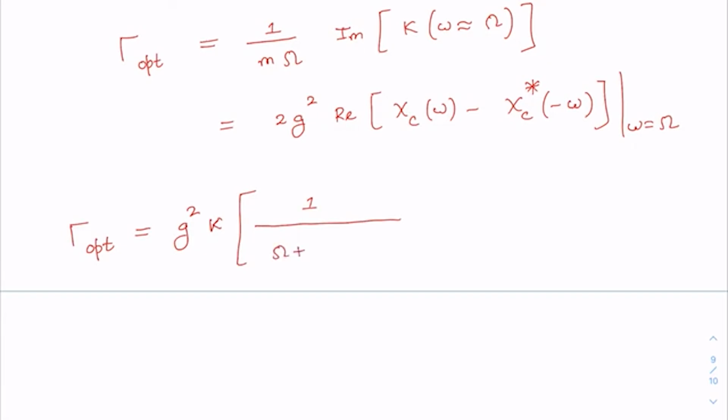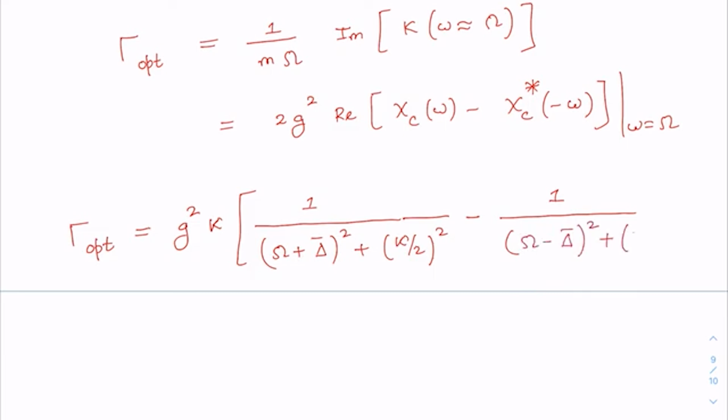It would be omega plus delta bar whole square plus kappa by 2 whole square, and there will be another term, minus 1 divided by capital omega minus delta bar whole square plus kappa by 2 whole square. So this is the expression for optomechanical damping.